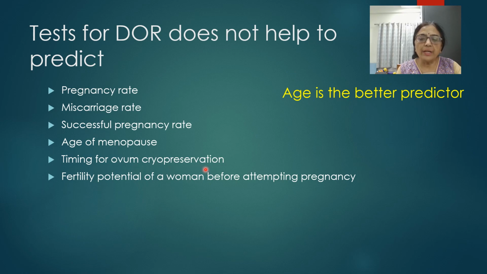But when to go for that should not be decided on the basis of these tests. Fertility potential of a woman before attempting pregnancy: that means she has not attempted yet, and we do not know whether she has infertility or good fecundity. And in these cases, fertility potential should not be guessed on the basis of these tests.